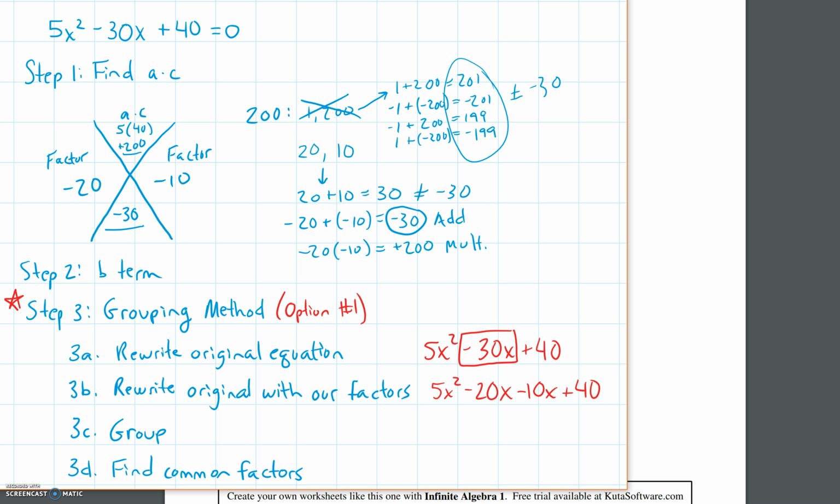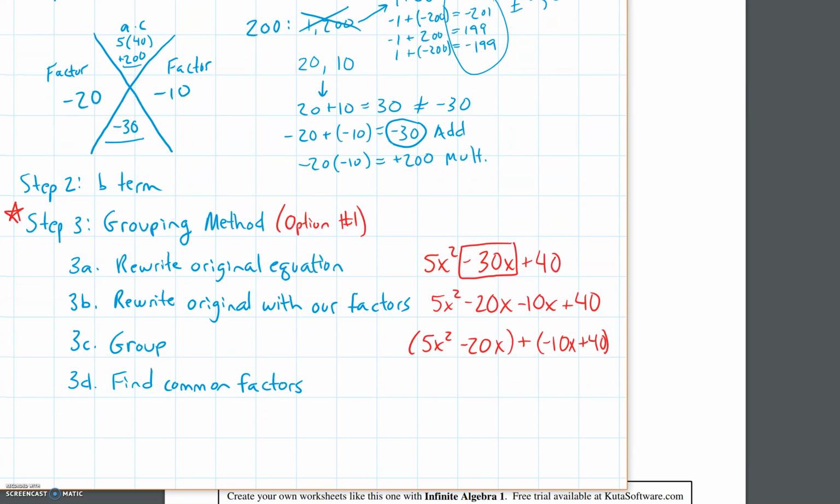That would be this rewrite original with our factors idea. So the next idea is to group. We take this 5x squared minus 20x, and we can group those together. And we can say plus negative 10x plus 40 as our second group.